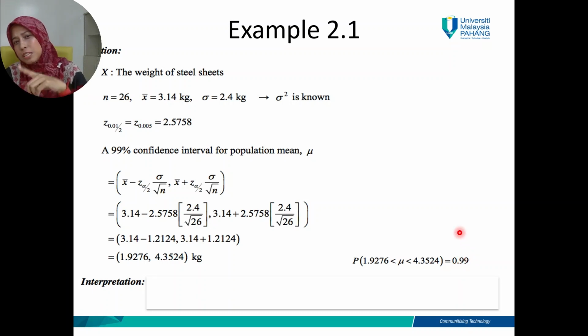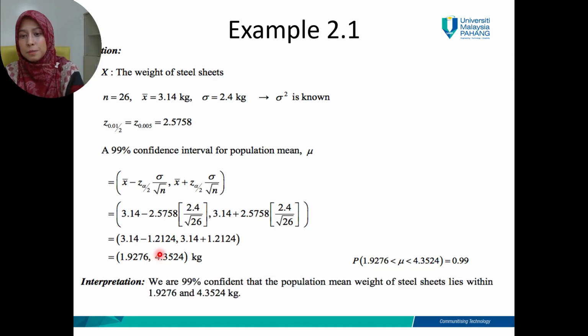How do you interpret this result? You just have to say what this interval means. It means that we are confident. We are 99% confident that the population mean is within these two values.